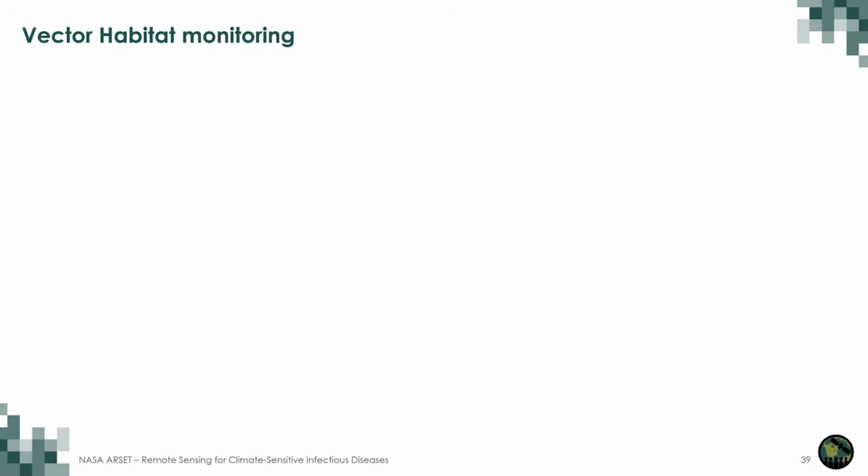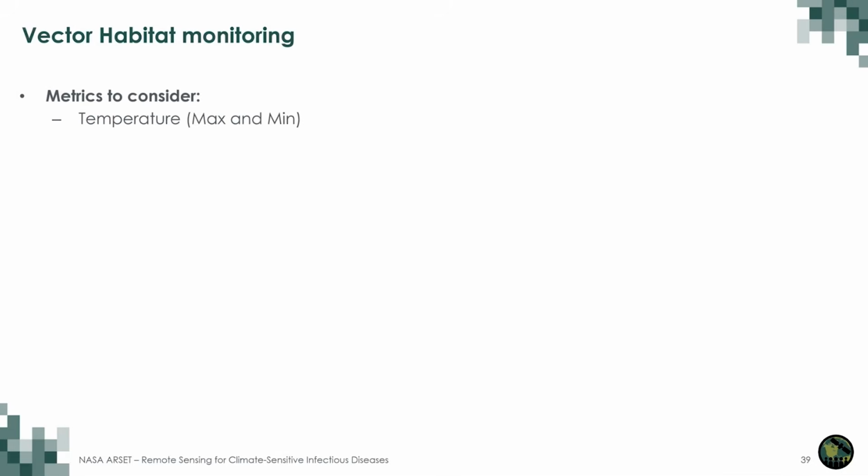Once we have our base map, we can proceed to the vector habitat monitoring. So again, start with conceptualizing. What metrics would you consider in monitoring vector habitat?